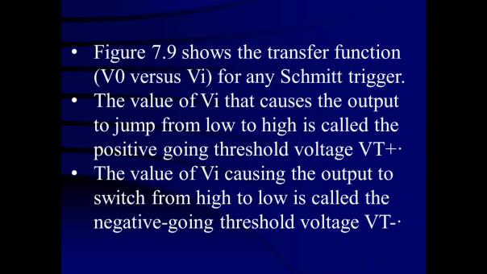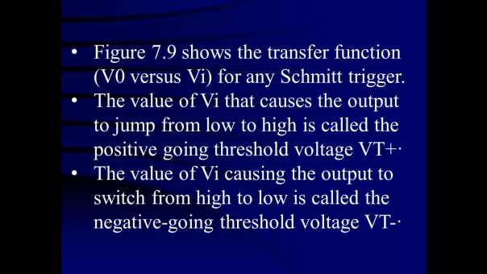Figure 7.9 shows the transfer function V0 versus Vi for any Schmitt trigger circuit. The value of Vi that causes the output to jump from low to high is called the positive going threshold voltage, VTH plus. The value of Vi causing the output to switch from high to low is called the negative going threshold voltage, VTH minus.